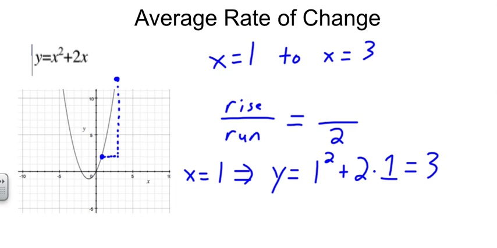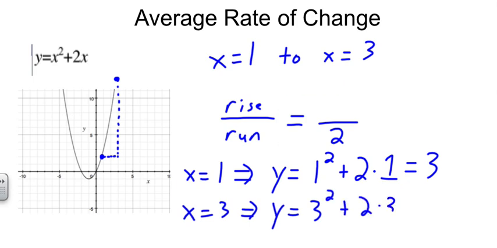And at 3 I'm going to plug in again to figure out how high it is. Just do a little calculation here. Let's see, 3 squared plus 2 times 3.